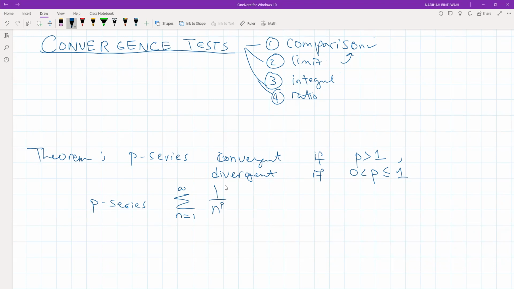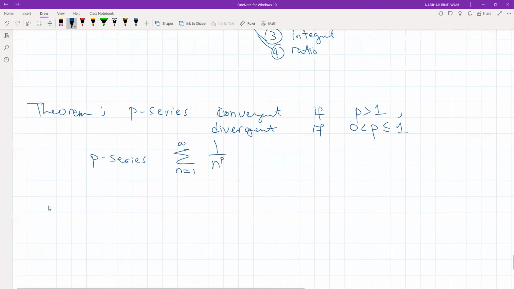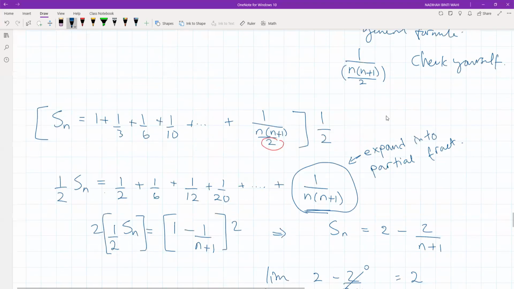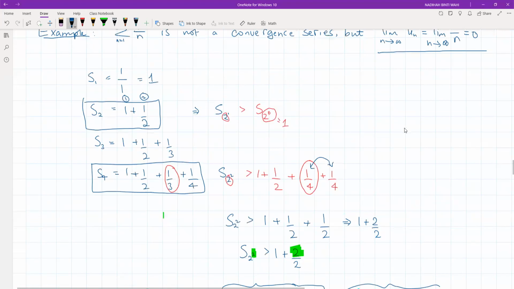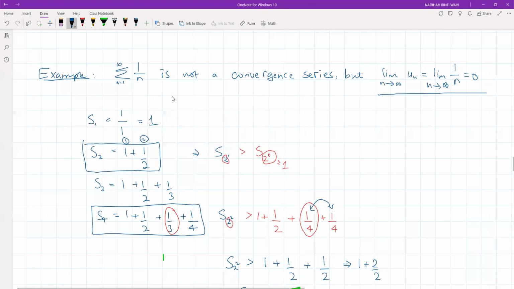Okay, last time kita check if P sama dengan 1. If P equals to 1, so meaning that the series is summation for 1 over n, from 1 to infinity. So let's say this one is, we already did before, I think just now, right? Yes, just now kita dah buat 1 over n is not convergent series.